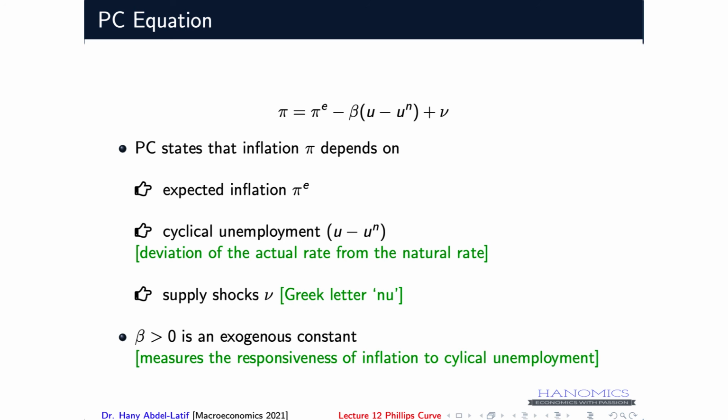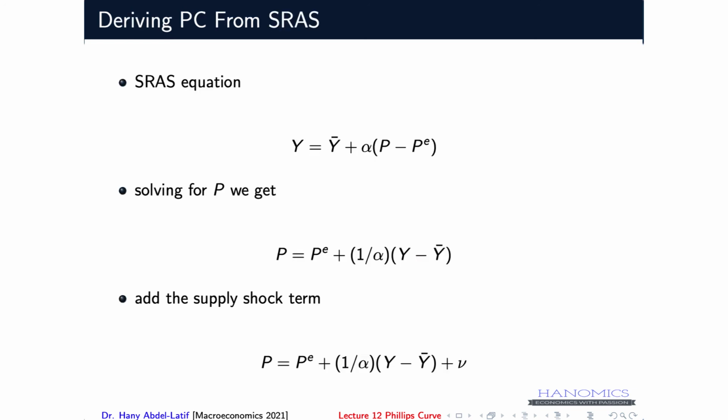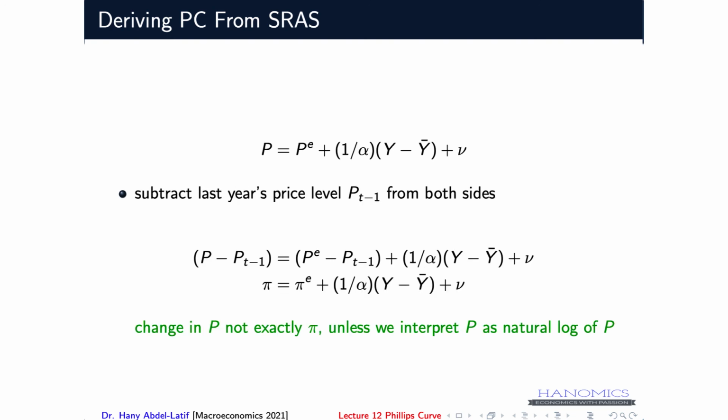So all you need to do if you want to derive this from the short-run aggregate supply curve is solve for P, and then introduce the supply shock term, and then subtract the last year's prices from both sides. That would give you the inflation, and we explained why that is the inflation if these prices are expressed in their log form.